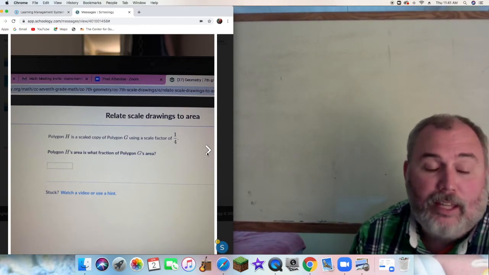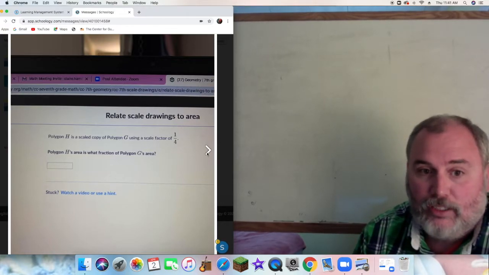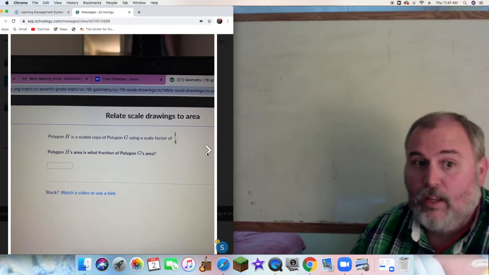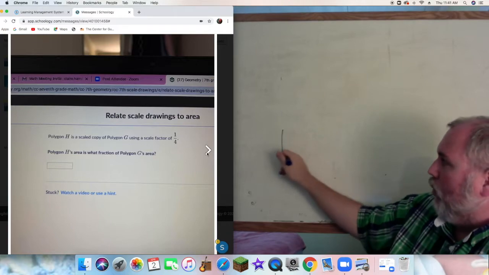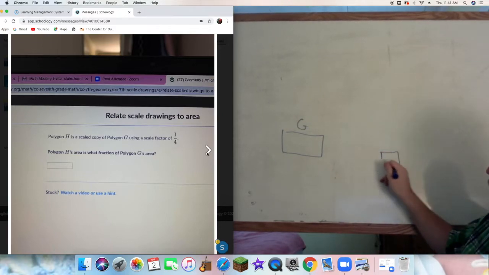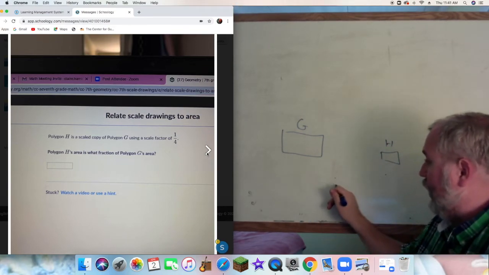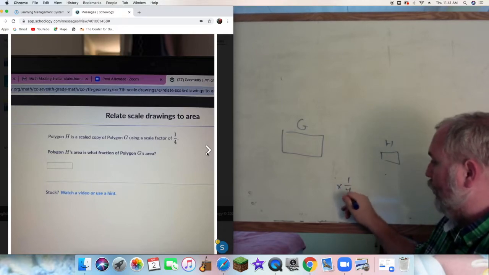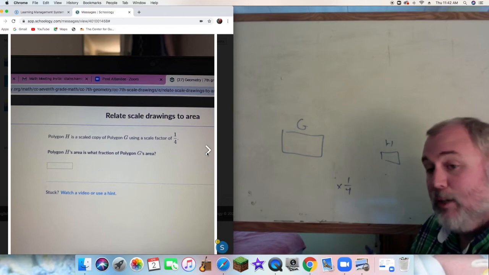All right. Polygon H is a scaled copy of polygon G using a scale factor of 1/4. H's area is what fraction of polygon G's area? So what it's saying is that polygon G is going to be the bigger one, and the scale factor happened to be 1/4. But what I need to know is how much bigger it really is.